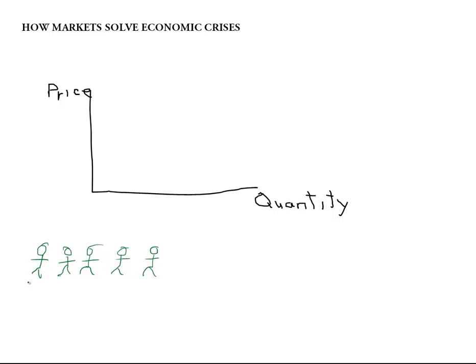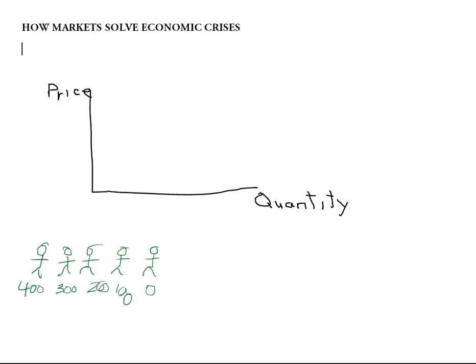And let's say this person's willing to pay up to $400, 300, 200, 100 for this guy right here, and nothing. Give it to me for free or I'm not taking it.